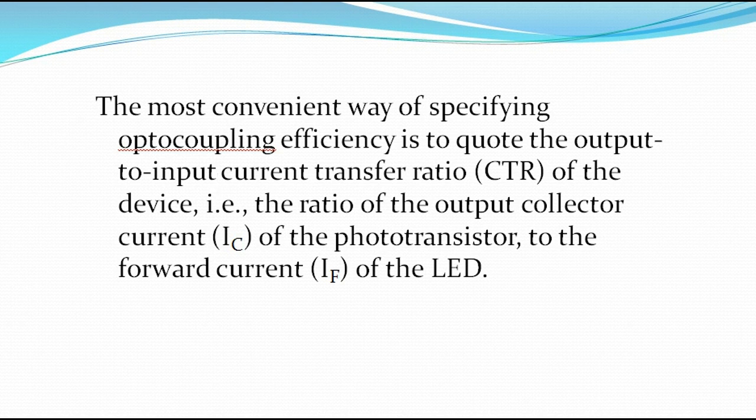So what I'm trying to explain here is the ratio of the output current of the phototransistor to the forward current of the LED, because the LED will forward the current to the light sensor or the photodetector, all depending.